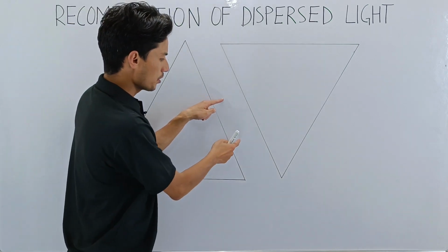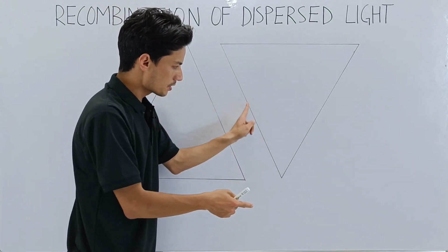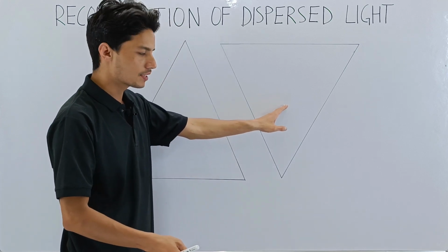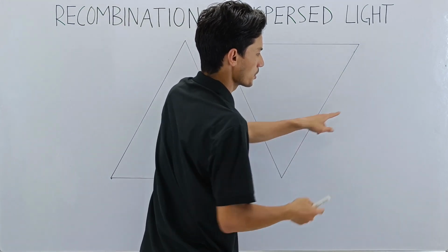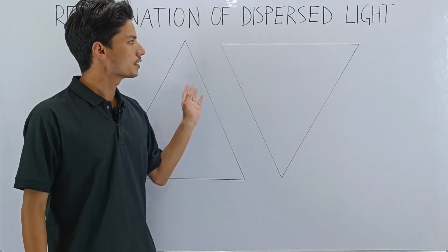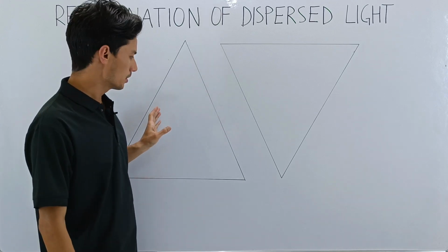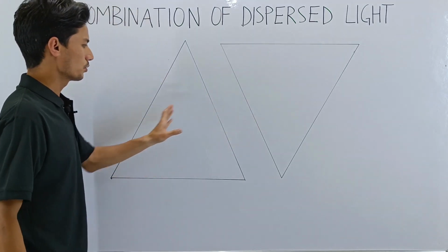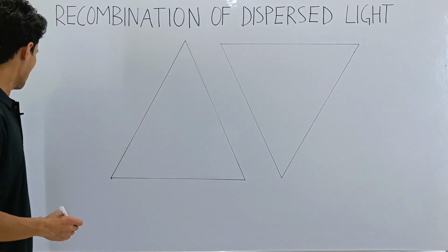Now this band of 7 colors will fall upon this inclined surface of the second prism, and then they will recombine again and emerge out as a single ray of light. So basically, that is the whole discussion. But let's do it together again with a drawing, and let's learn together in detail.